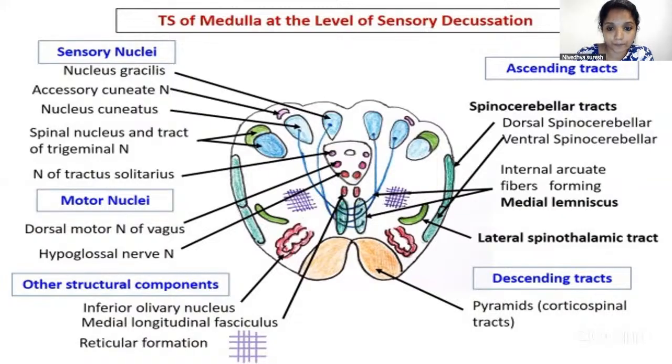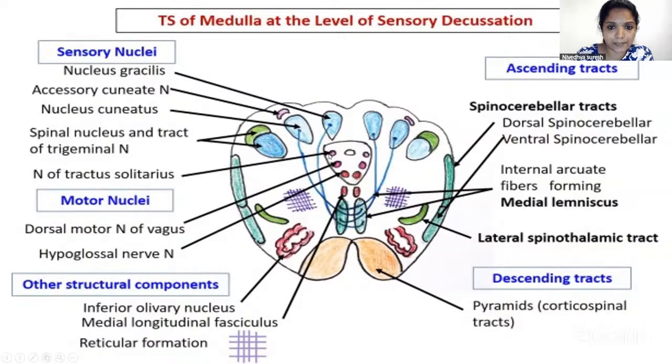Above this you can see the nucleus of the tractus solitarius, and here you can see the dorsal motor nucleus of the vagus, and down here you can see the hypoglossal nerve nucleus. These are nuclei of the cranial nerves.